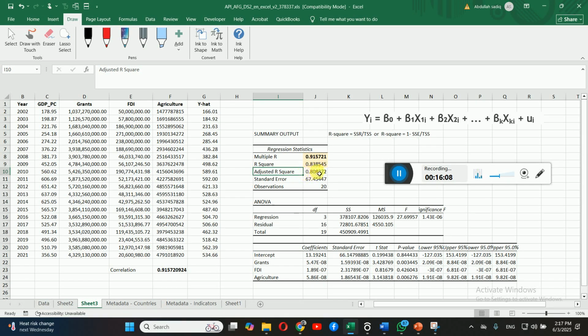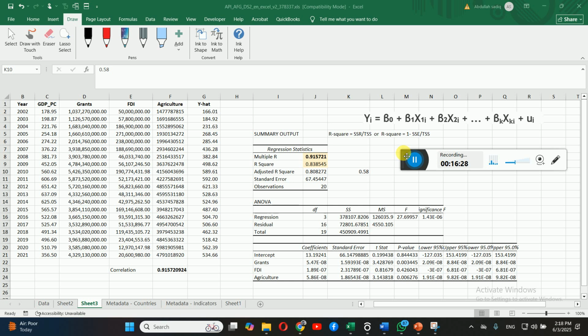When you observe the difference between the R square and adjusted R square, the adjusted R square is significantly lower than R square. For example, the R square is 0.83 and the adjusted R square is 0.58. Look, 0.58 and 0.83, there is a significant difference. You can say the model is overfitted. This is what is called an overfitted model situation.